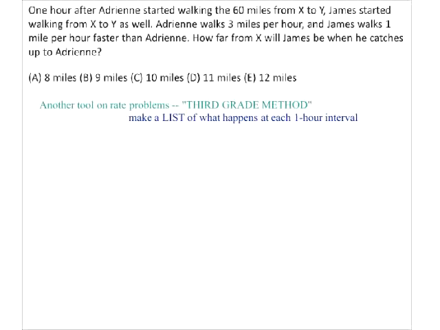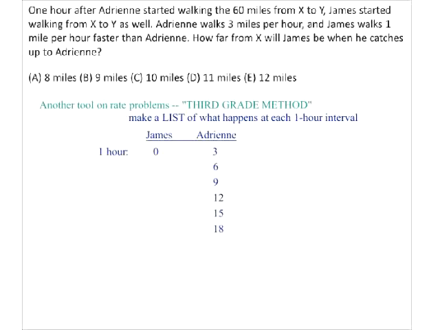So sure, right? So James and then Adrian. First hour, James goes nowhere because he hasn't started walking yet, and she just walks 3 miles. Now the deal here is that she walks 3 miles every hour.